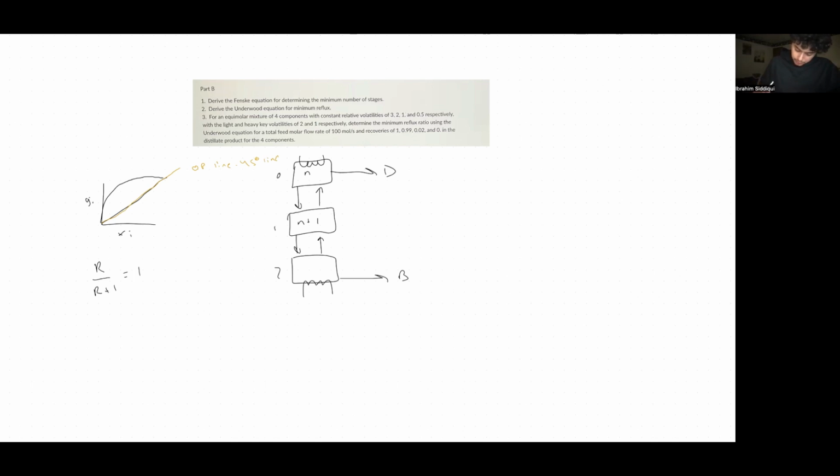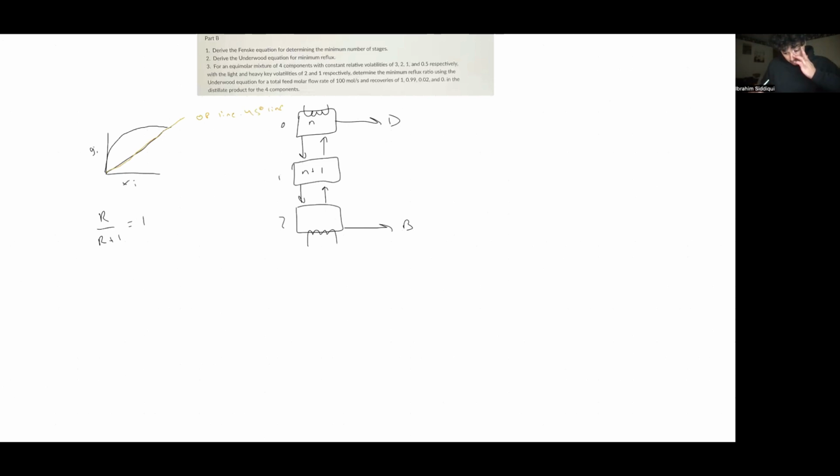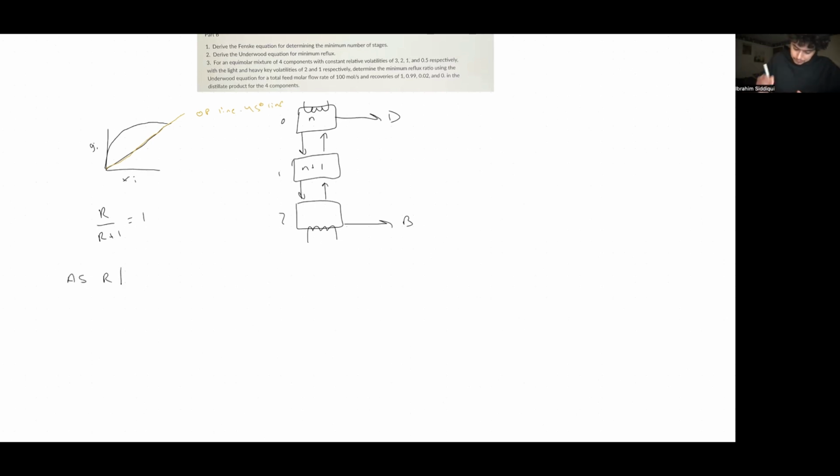We can suppose, right, so this is essentially our operating line. As R goes up, our R over R plus 1 approaches 1.